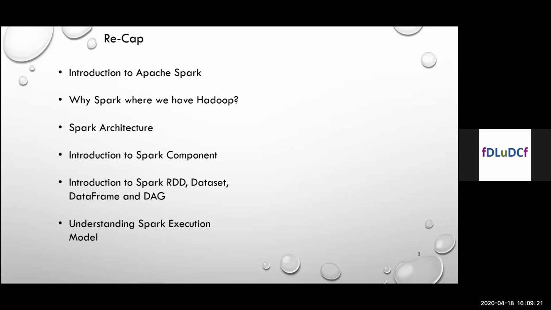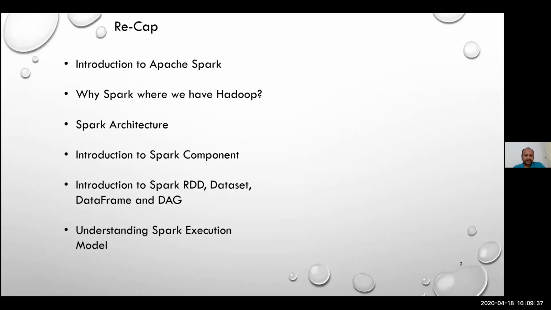Otherwise, we can independently install Spark and work by collecting files from different data sources or even the OS file system. And Spark is a master-slave architecture. So there will be worker and master nodes, and the workers will be doing all the tasks.